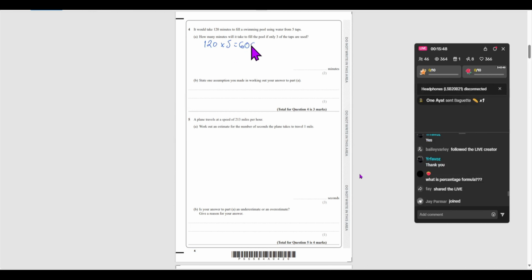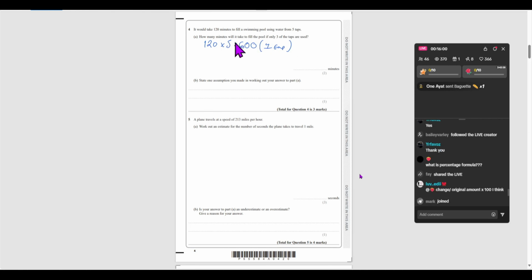Now this is 600 minutes, the time it would take for one tap. Now I'm going to work out how long it takes 3 taps. So I'm going to do 600 divided by 3, and you get 200 minutes. Okay?